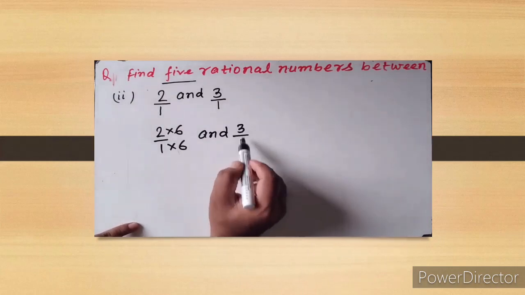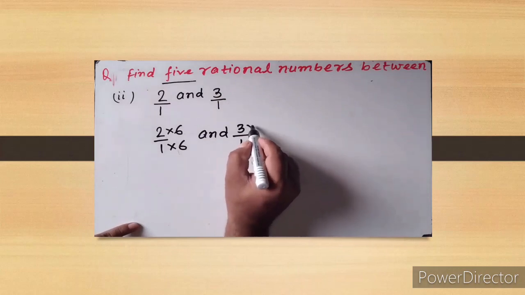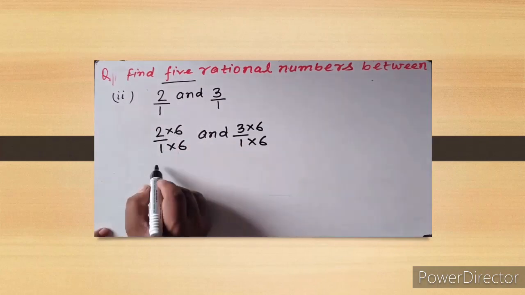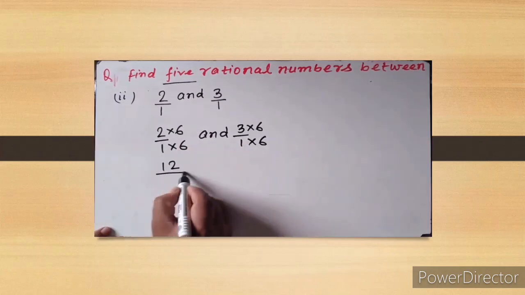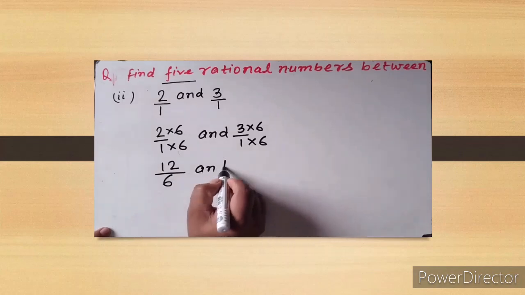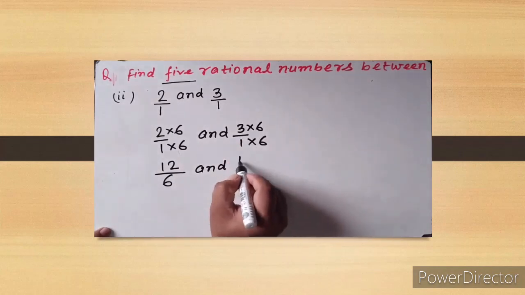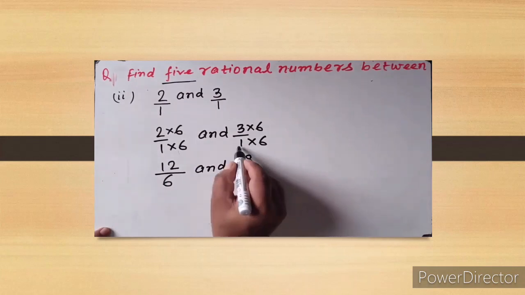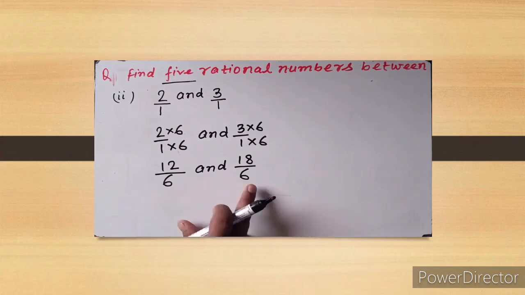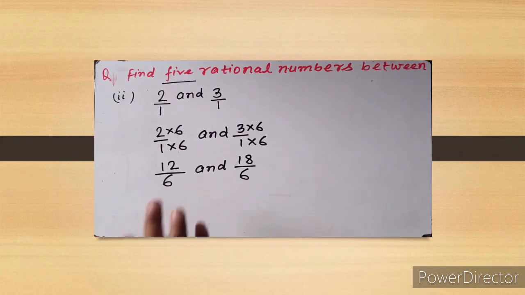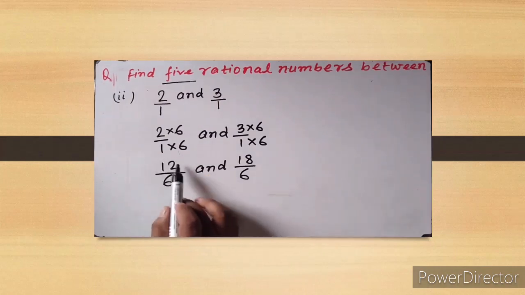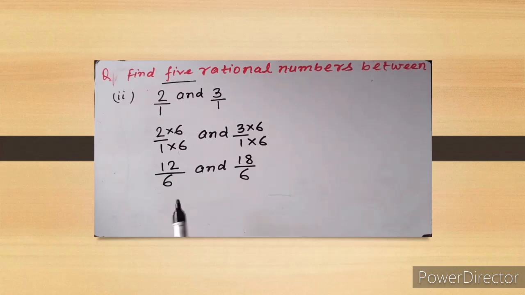We will multiply this numerator and denominator also by 6. 2 6s are 12 upon 1 6s are 6 and 3 6s are 18 upon 1 6s are 6. You can see over here denominators are equal. Now we have to write what? 5 rational numbers between 12 and 18.